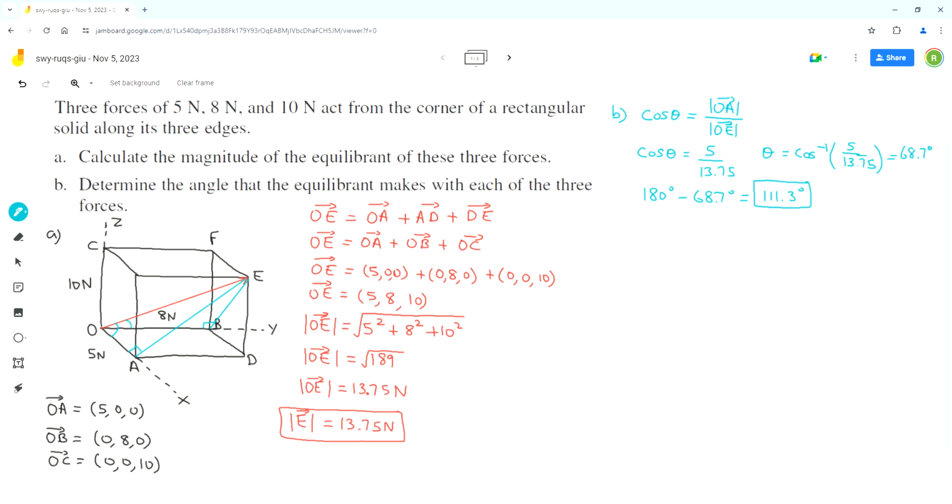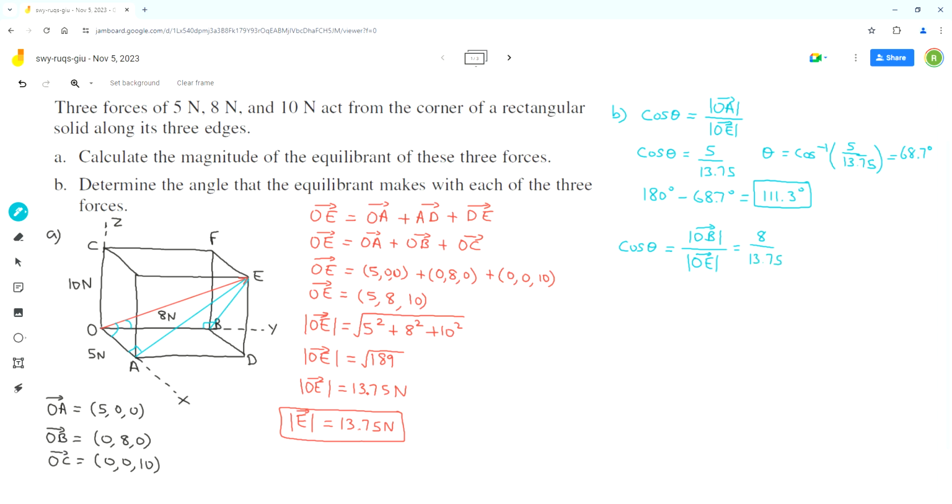So for that we have to use the cos ratio again. And the formula for cos is adjacent over hypotenuse, and the adjacent side is the magnitude of vector OB. And the magnitude of the force acting along edge OB is 8 newtons, and the magnitude of the resultant is 13.75.